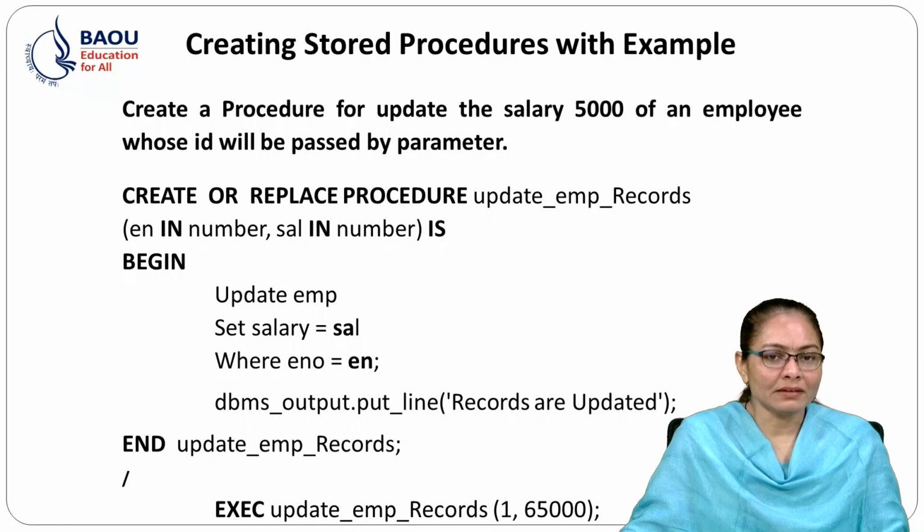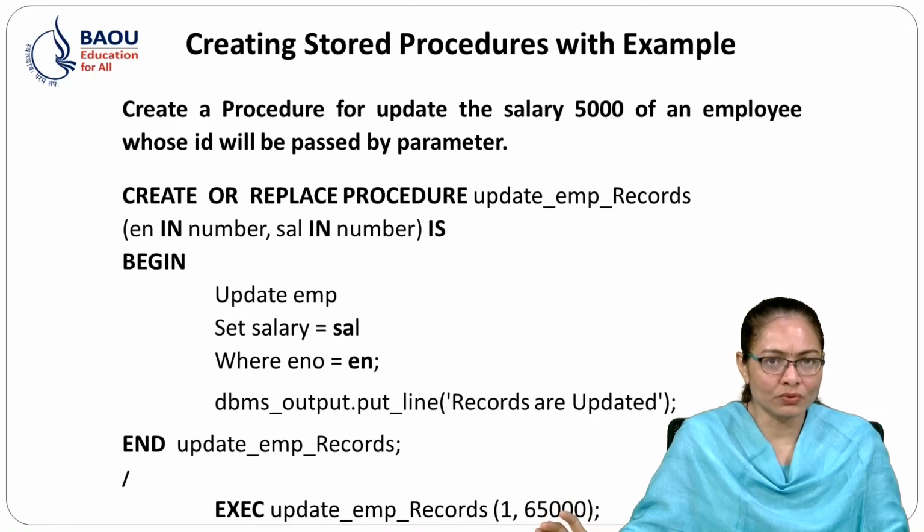Note that when you create the procedure and compile it, if any error or warning occurs, it will display the warning: procedure created with compilation error. Then how to view the error?